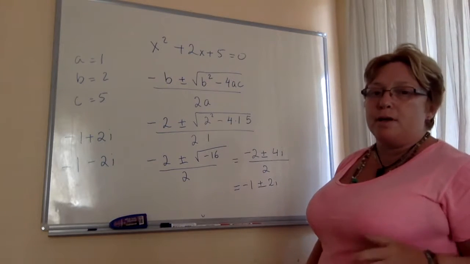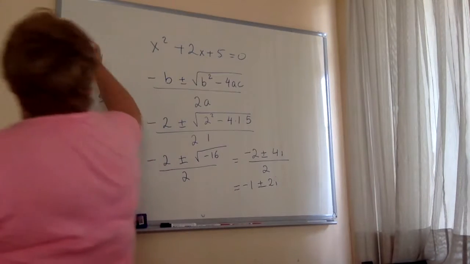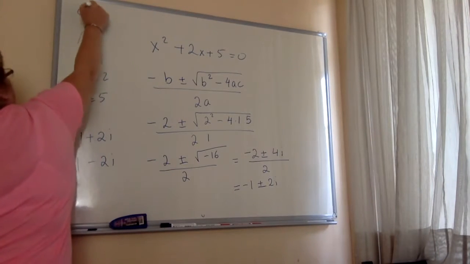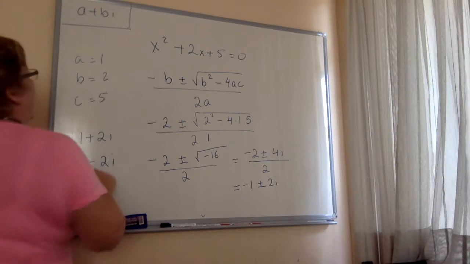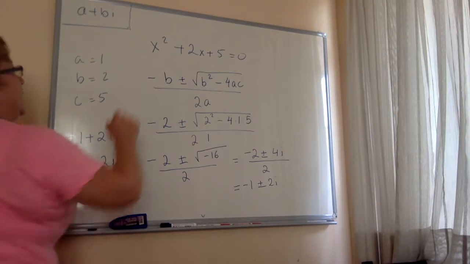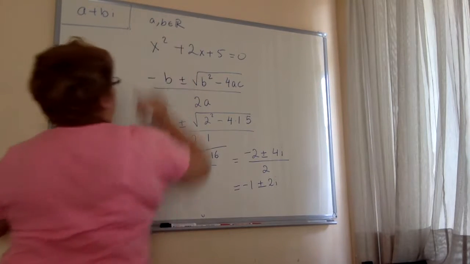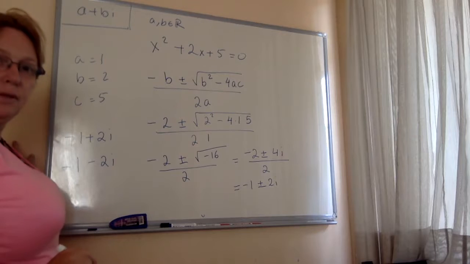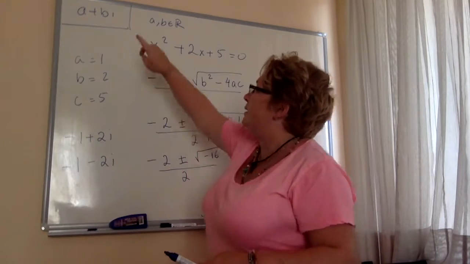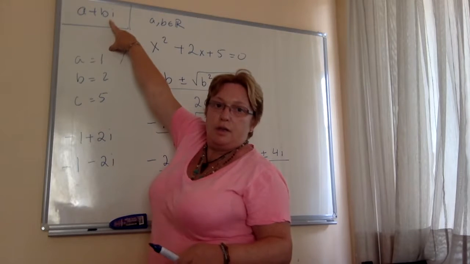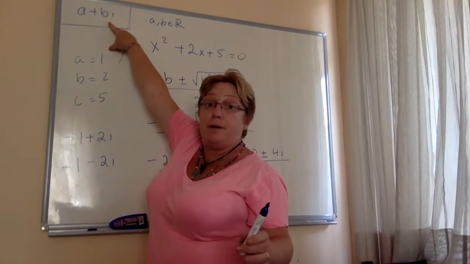These two numbers are complex numbers. They are of the form a plus bi, where a and b are real numbers. From this, we can see that if b is 0, you just have the number a, which is still a complex number.